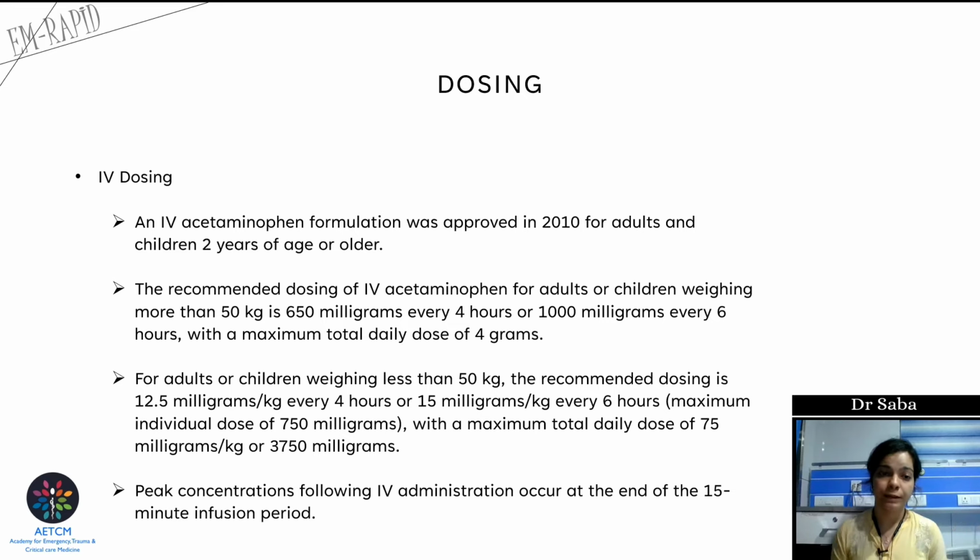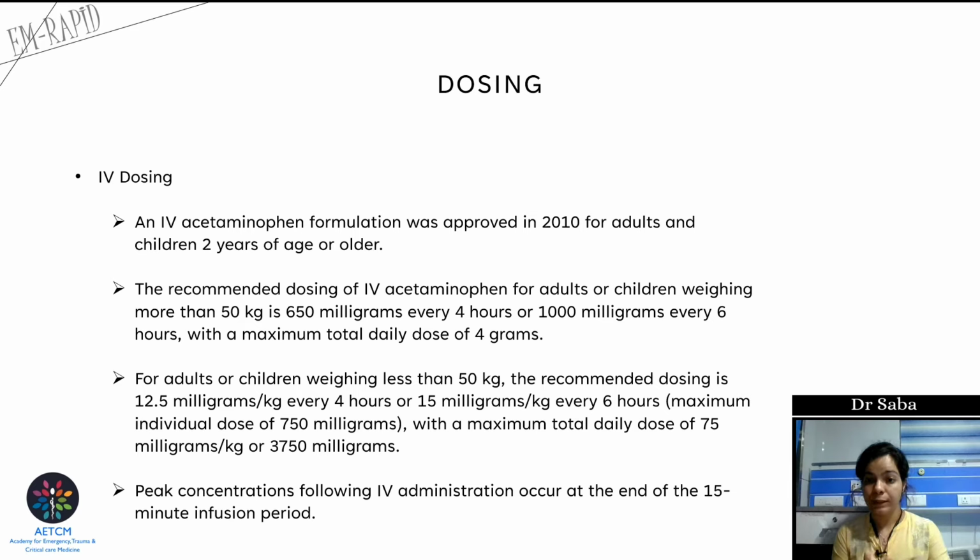Now, when we talk about the IV dosing, it was approved in the year 2010 for adults and children above the age of 2 years. The recommended dosing for those weighing above 50 kg is 650 milligrams every 4 hours, or 1 gram every 6 hours, with a maximum total daily dose of about 4 grams.